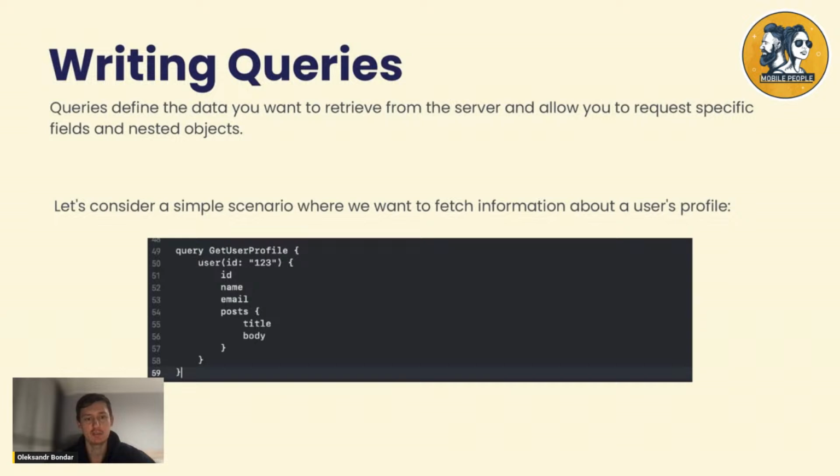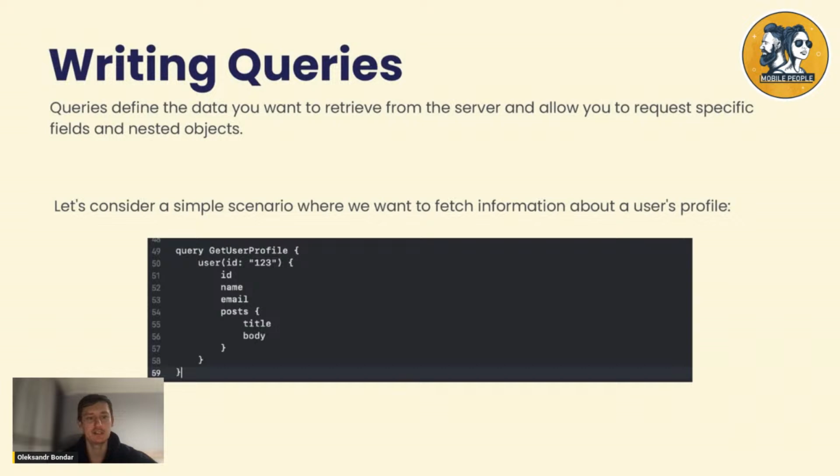For example, get user profile, where we pass the ID in a nested object. Another cool feature: in REST we have only one place for parameters, but here we can have nested arguments. For example, a post can have its own arguments, and even a nested object can have its own arguments.